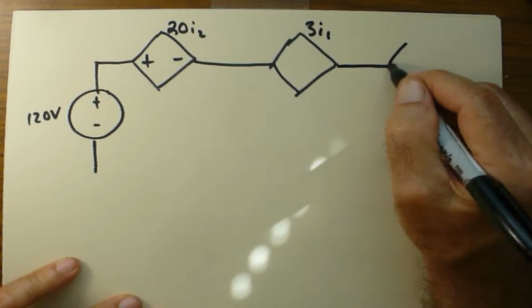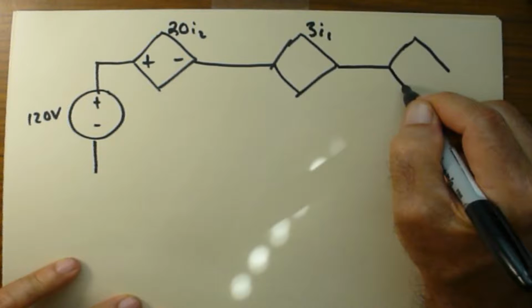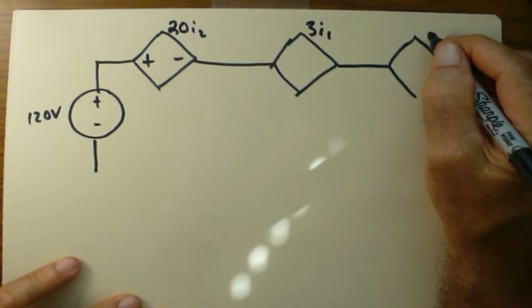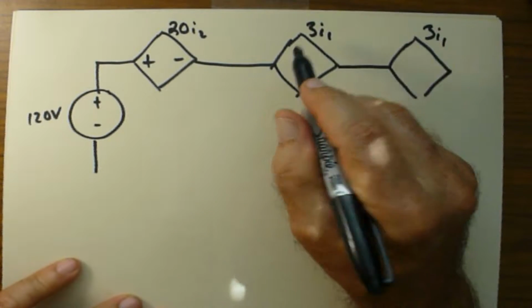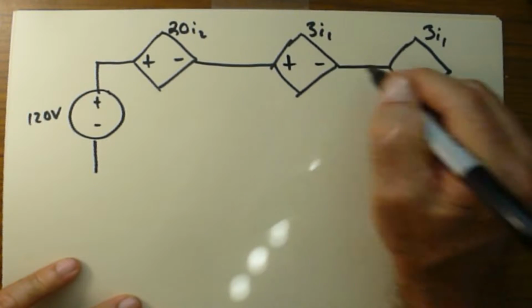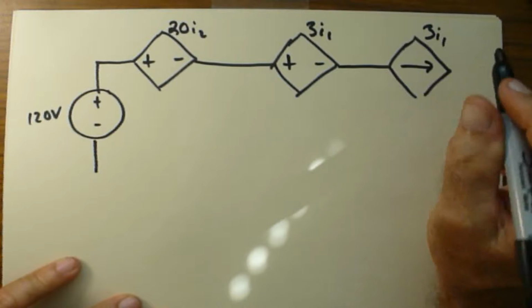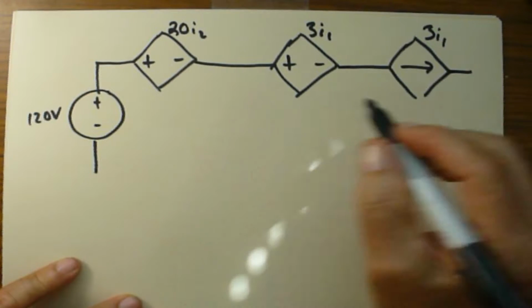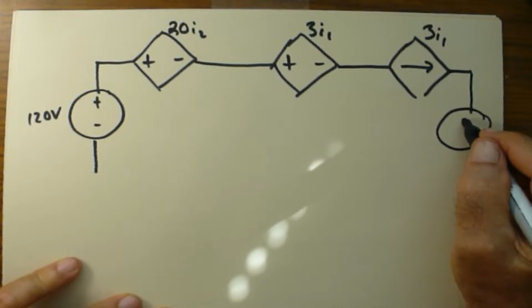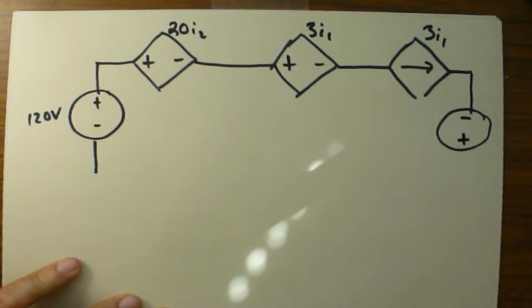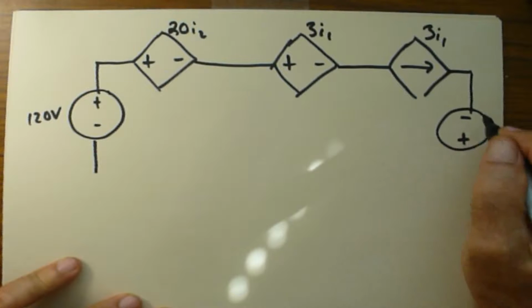And then we have a dependent current source, which is also 3 I1, but instead of current it's voltage, so plus, minus, and then the current going this way. And then we have another independent power supply from minus plus, and that one will be 12 volts.